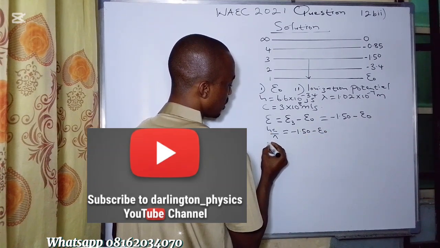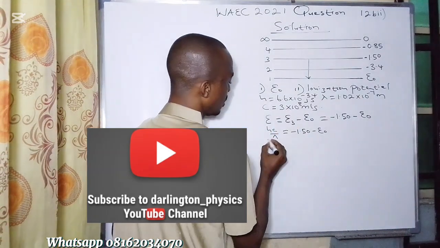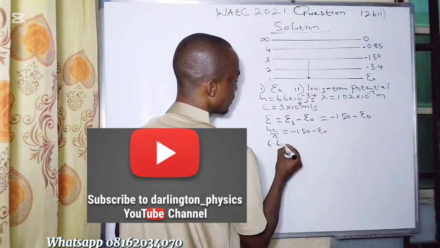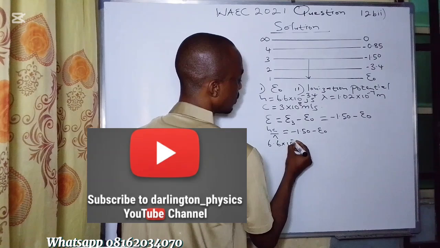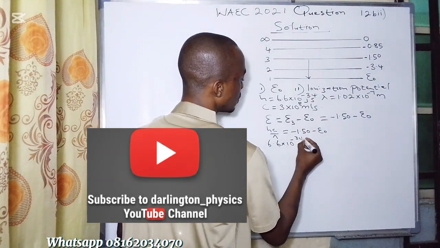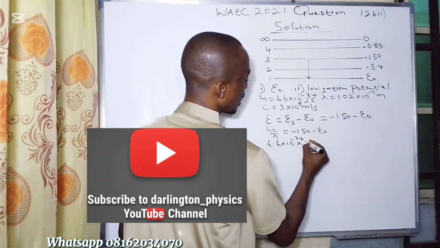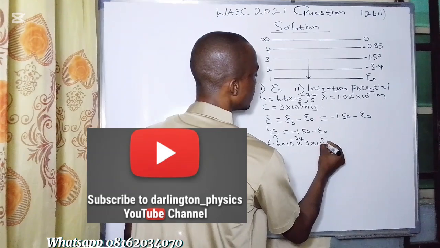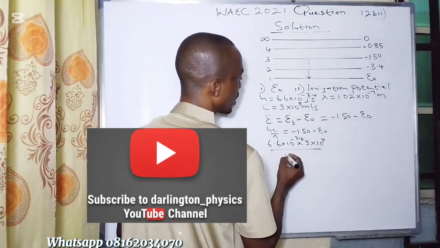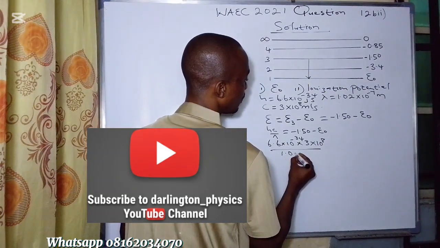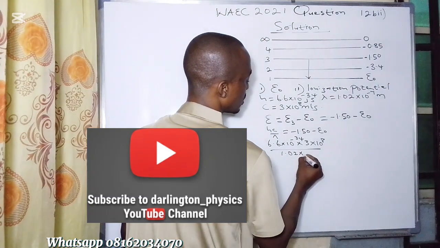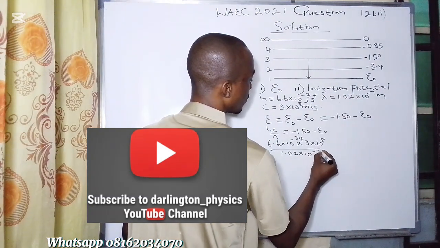So now this can be sorted out. h is the constant 6.6 times 10 raised to the power of negative 34, times the speed of light, 3 times 10 raised to the power of 8, divided by lambda, which is 1.02 times 10 raised to the power of negative 7.